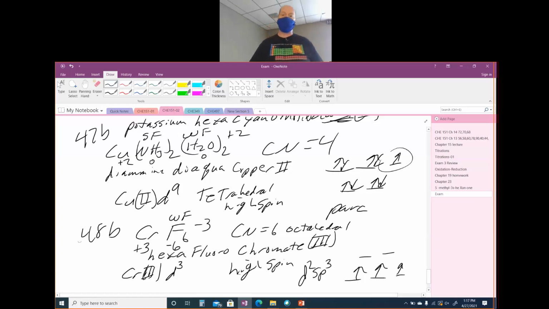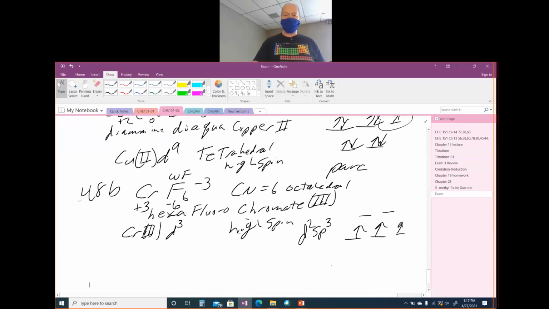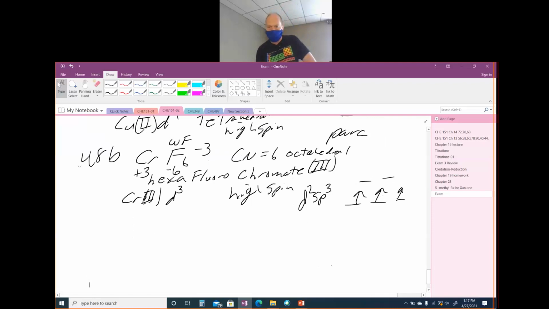Again, rare for a high spin, but if you have a high spin with d3 or less, then these two will be empty. In order for this to have anything in it, you have to have at least 4 electrons. Again, chromate has to end in -ate here because it is part of the anion.